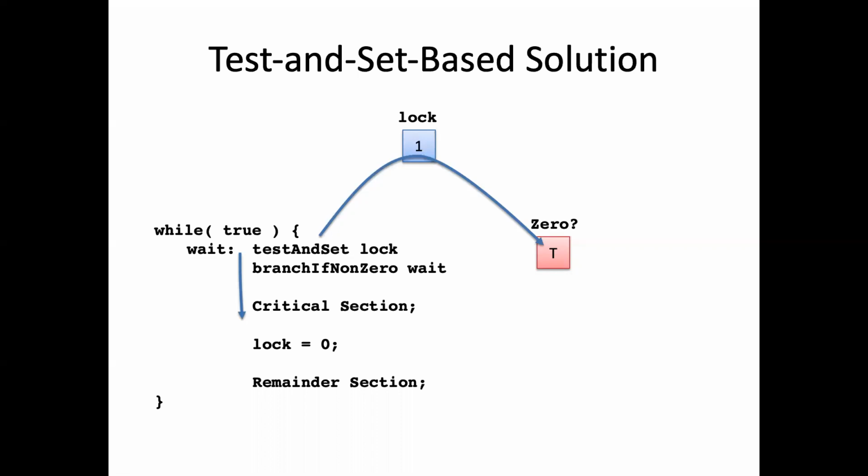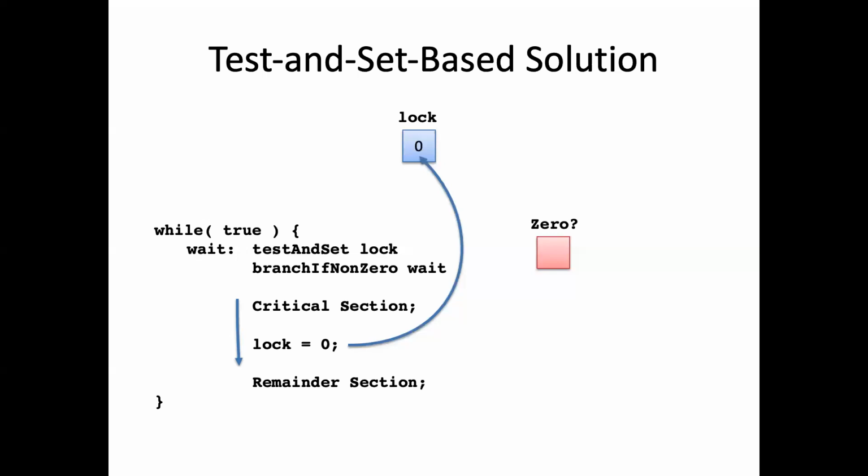It remembers whenever anyone was in the critical section by remembering whether this memory location had a 0 or not in it. And simultaneously, it locks everyone else out. So I got past the branch if non-zero. Lock is set to 1. I can hang out in the critical section for as long as I want. And then when I'm done, I set lock back to 0. And that lets the next thread into the critical section if it wants.